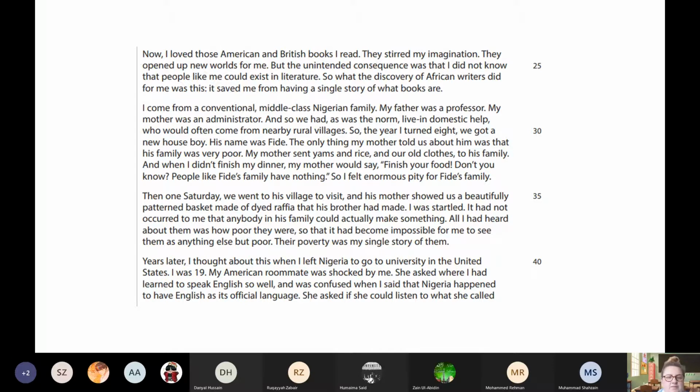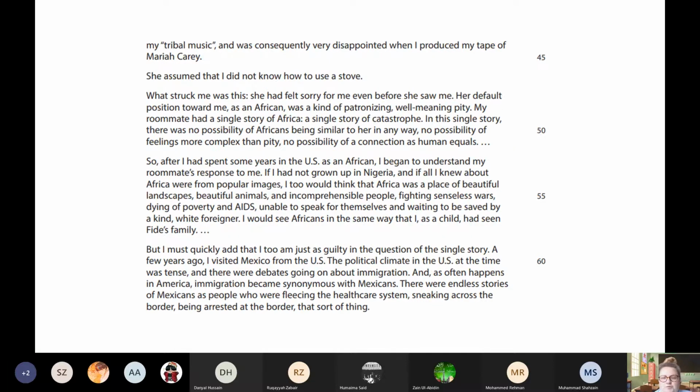Years later, I thought about this when I left Nigeria to go to university in the United States. I was 19. My American roommate was shocked by me. She asked where I'd learned to speak English so well and was confused when I said that Nigeria happened to have English as its official language. She asked if she could listen to what she called my tribal music and was consequently very disappointed when I produced my tape of Mariah Carey. She assumed I did not know how to use a stove.